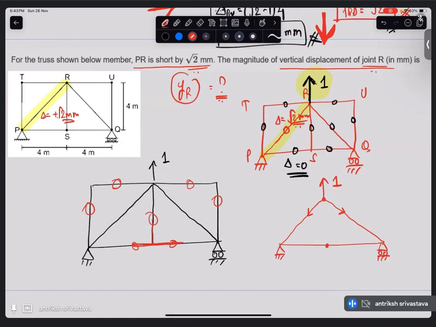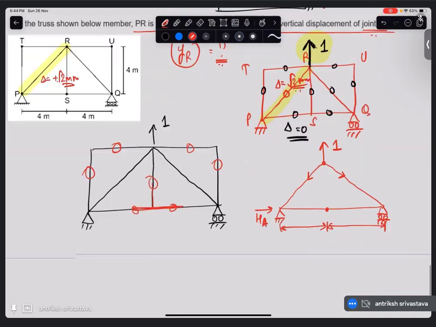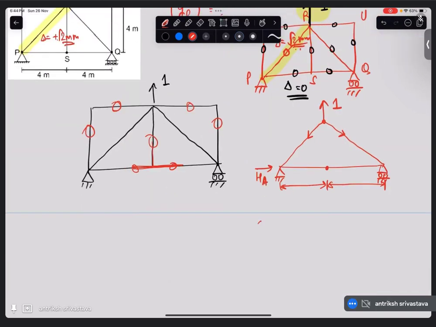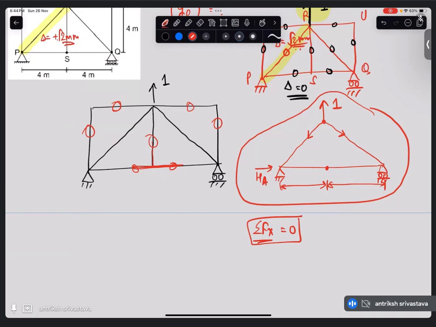So even if you don't know anything till now, you can clearly see that there is a symmetry in this particular question, that the left hand side is the same as the right hand side. So HA is going to be 0. Why? Since from the summation of Fx equal to 0 for this whole truss, there is nothing to balance this horizontal reaction.